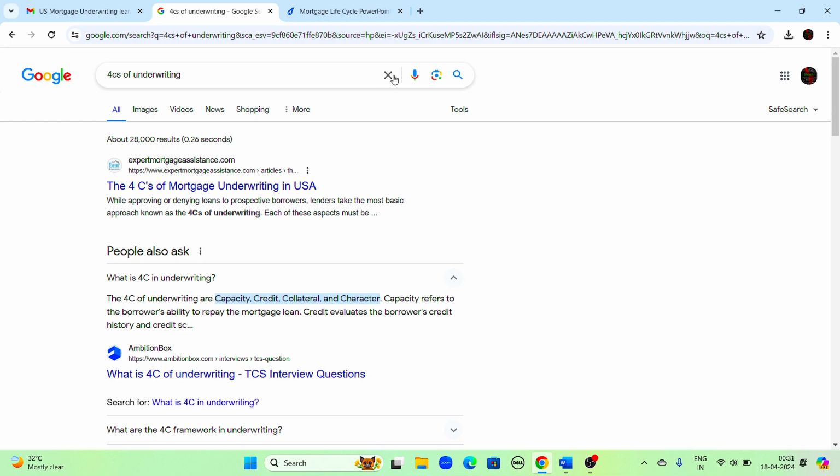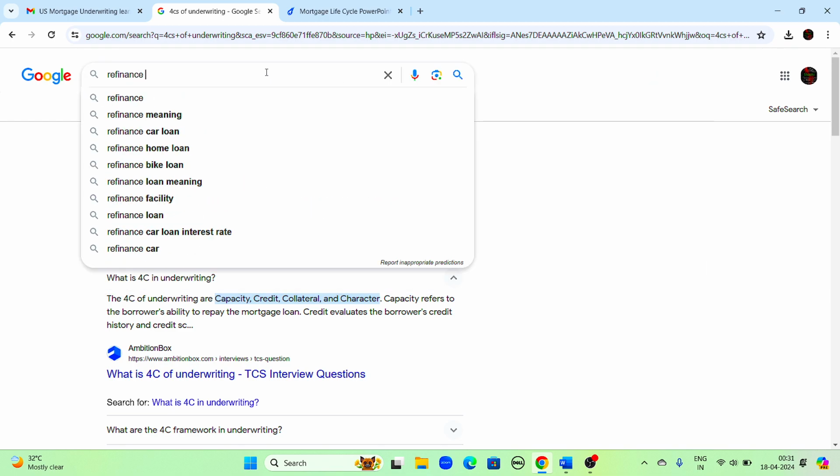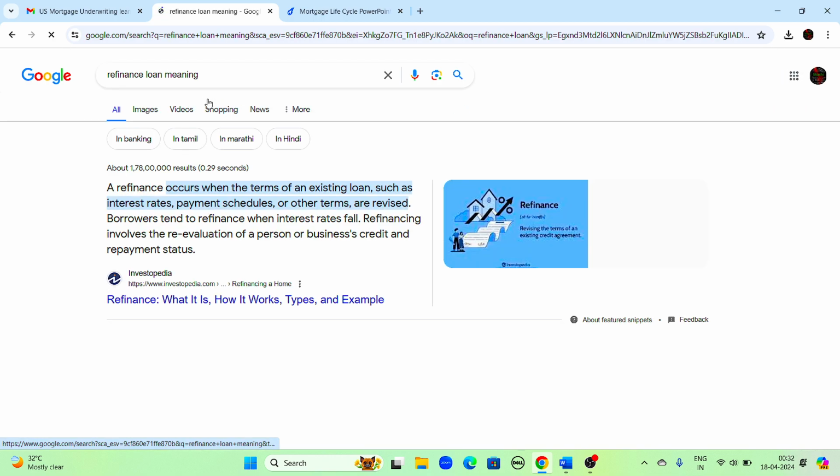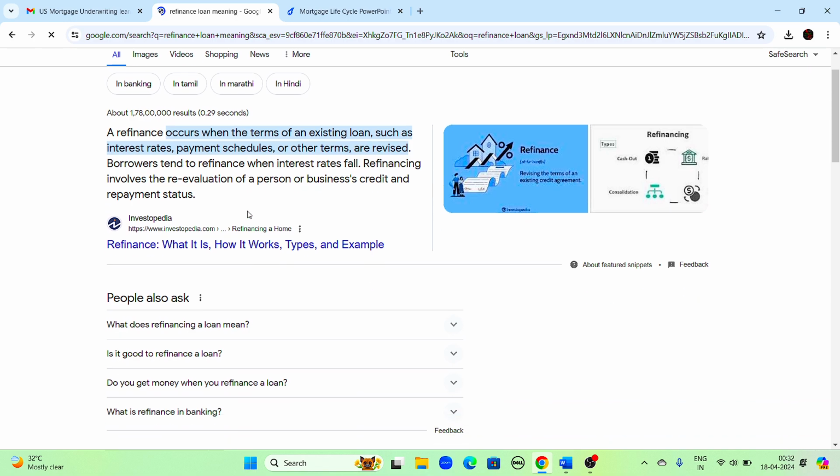Let's check on the meaning of refinance loan. Refinance loan is something which occurs when the term of an existing loan, such as interest rates, payment schedules, or other terms, are revised. So this is the meaning of refinance.